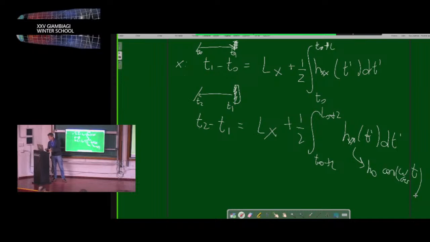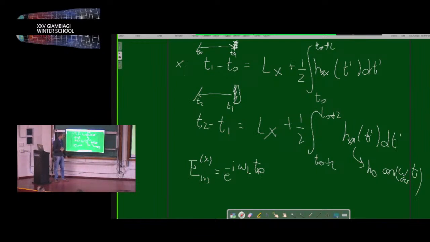The recombined light, for instance the electric field that arrives at the beam splitter at the time T2, and travels in the X direction, carries the phase that it had at the beginning. No? We have to follow, we are living on the crest of the wave. We stay on the crest of the wave at T0. We hit the mirror at T1. Then we go back to the beam splitter at T2.